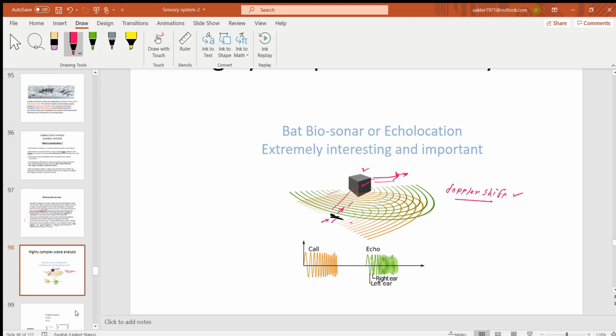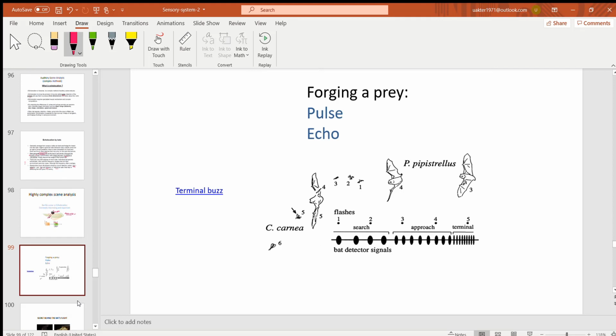Anyway, so here you see the calls and echo. Here you see the compression, the frequency increased in the returning echo. So here you see the phases, how the bats produce pulses at different phases of approaching the prey.